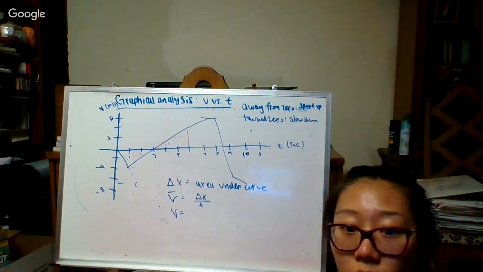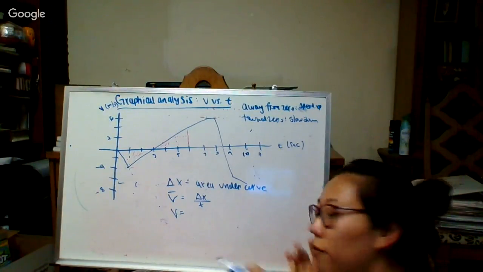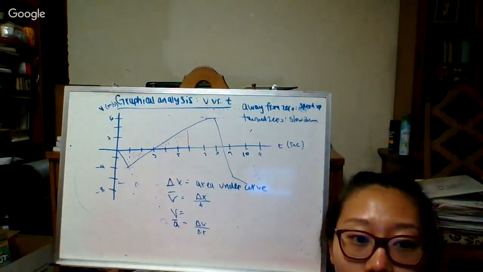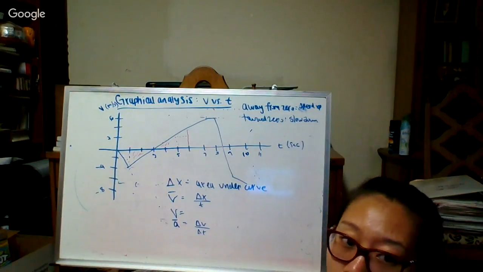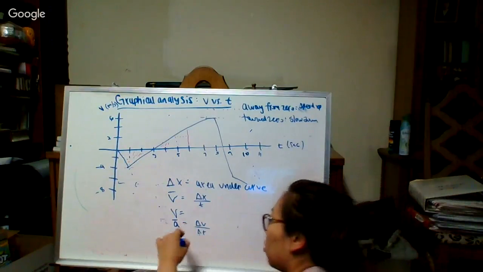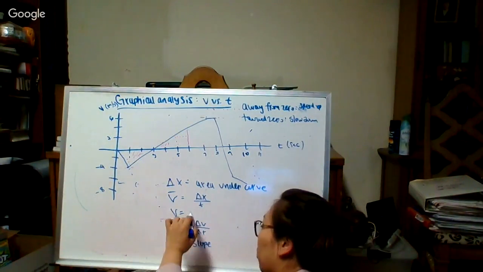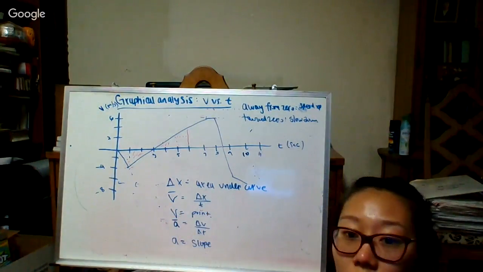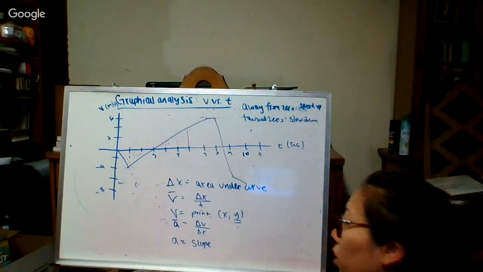Okay. And then the average acceleration is basically the change in v over the change in t, delta v over delta t. And then acceleration would be your slope. For instantaneous acceleration, it would be the slope at the point, basically on the xy coordinate, the y.